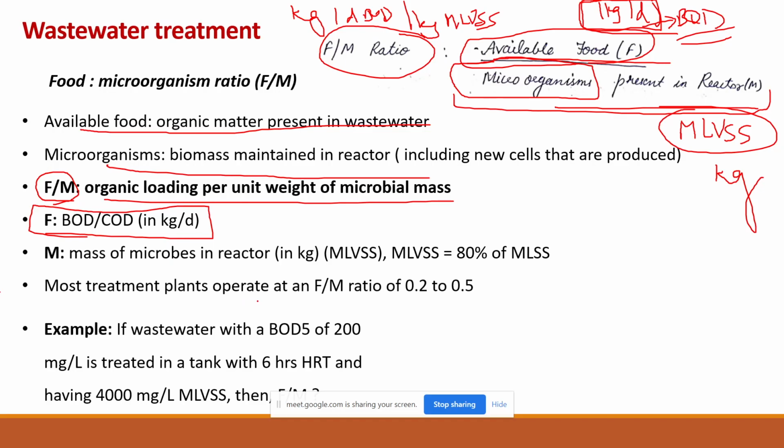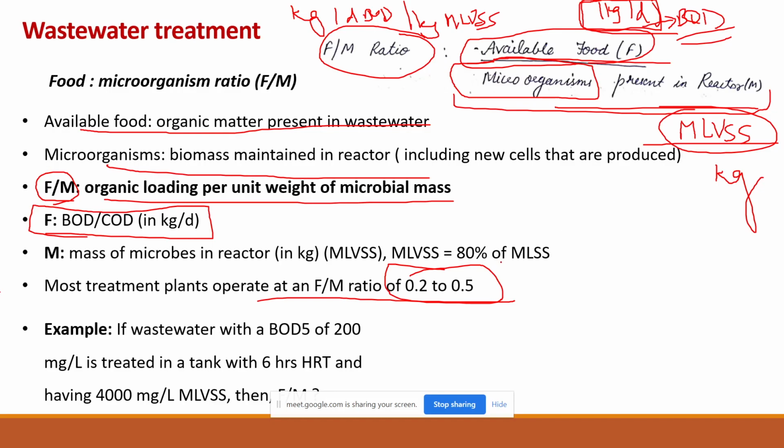And most treatment plants operate at an F by M ratio of 0.2 to 0.5. So this is the F by M ratio which is usually maintained in the treatment plants. Now sometimes in the numericals you are not provided directly with the MLVSS value, which is mixed liquor volatile suspended solids. This is just a measure to denote the microbial mass which is present.